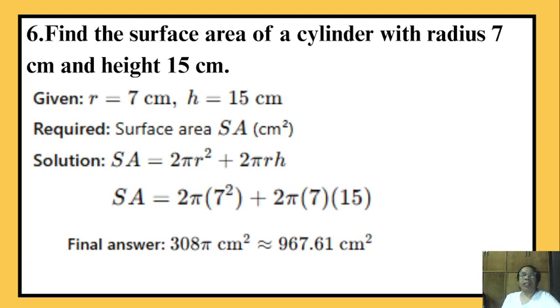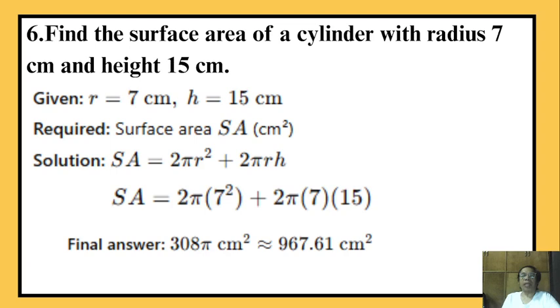Number 6, find the surface area of a cylinder with radius 7 centimeters and height of 15 centimeters. Given r 7 centimeters, h 15 centimeters. We are required the surface area in centimeters squared. The formula of the surface area of a cylinder is equal to 2 pi r squared plus 2 pi rh.